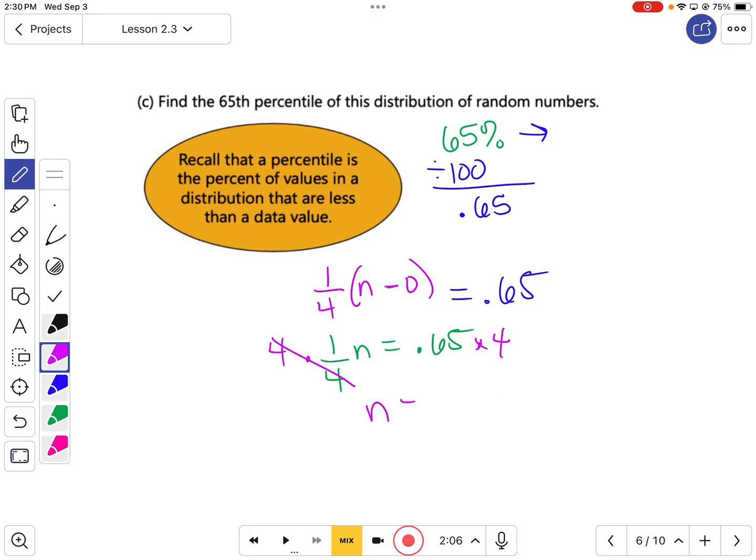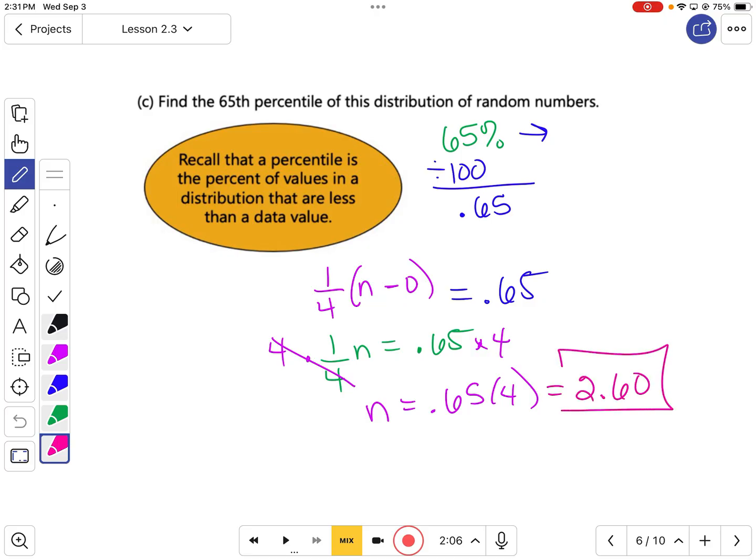So the number I'm looking for is 0.65 times 4. And I believe it's 2.60. I think there's one in your assignment today where you have to do that.